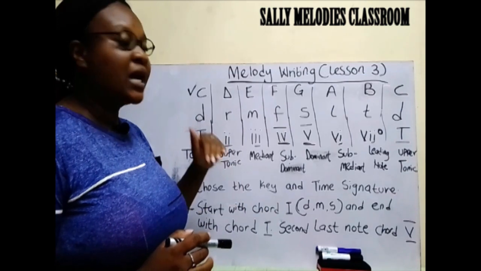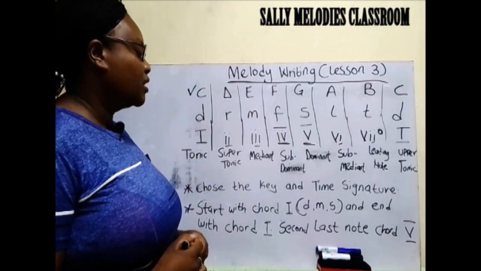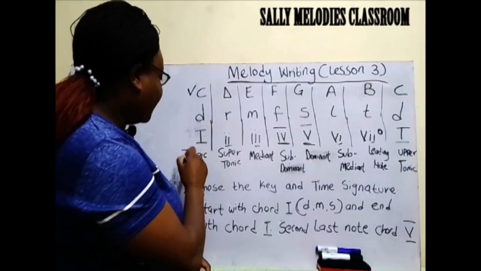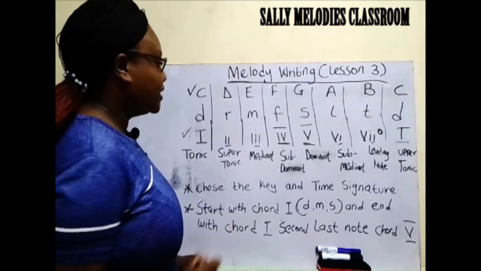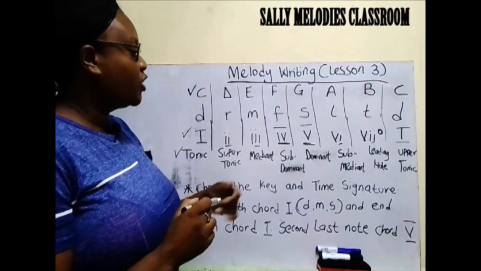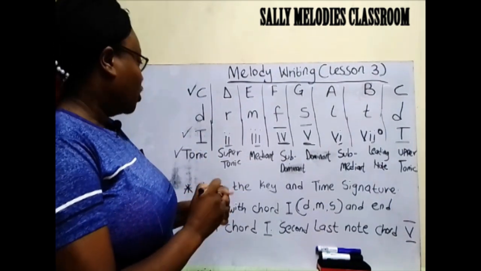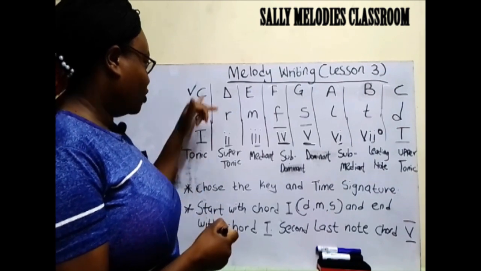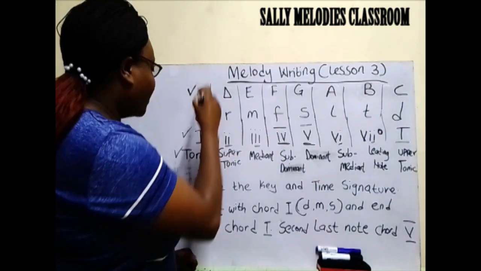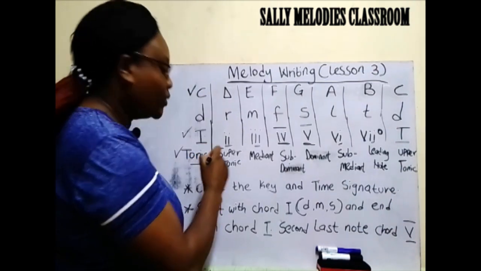We are going to use the major chords so that we can make our melodies. And then these were degrees of scale. And then here we have the technical names of each letter or each chord. So the first one here is tonic.